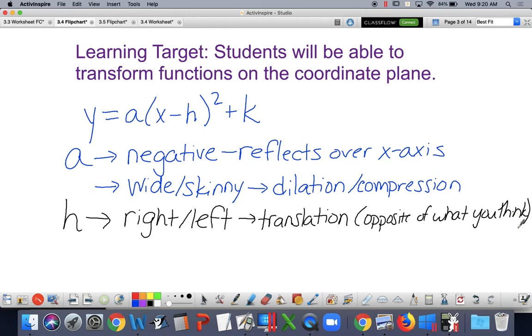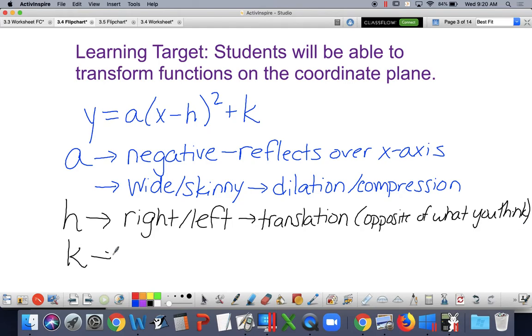Meaning, if you have a minus sign in here, so if this is -1, you go to the right. If it's a +1, you go to the left.